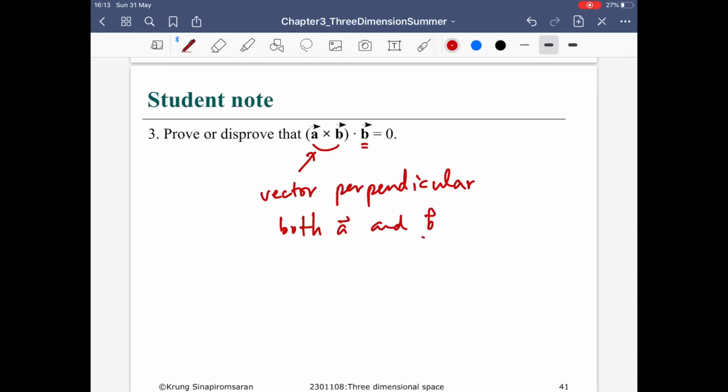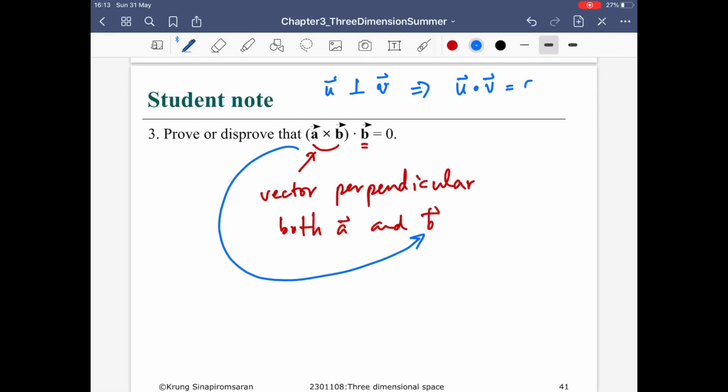So if you talk about b in particular, it means that a cross b is perpendicular to b, and if your u is perpendicular to v, then u dot v is 0. So this one can be your u, this one can be your v, and a cross b dot b is always 0. Oh, sorry, always equals the number 0.